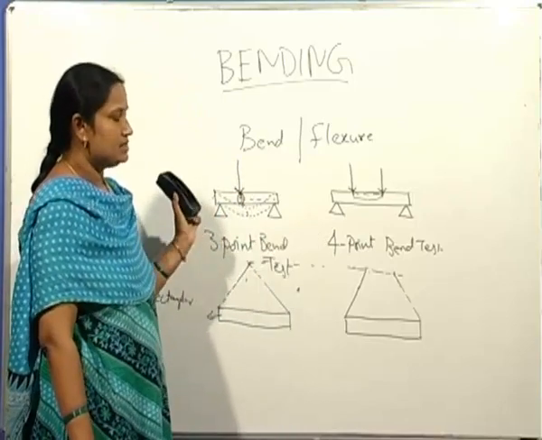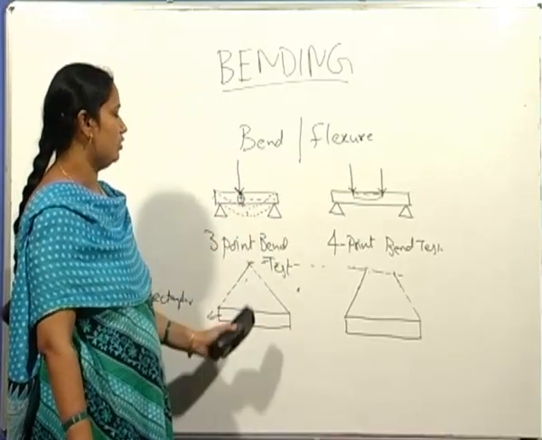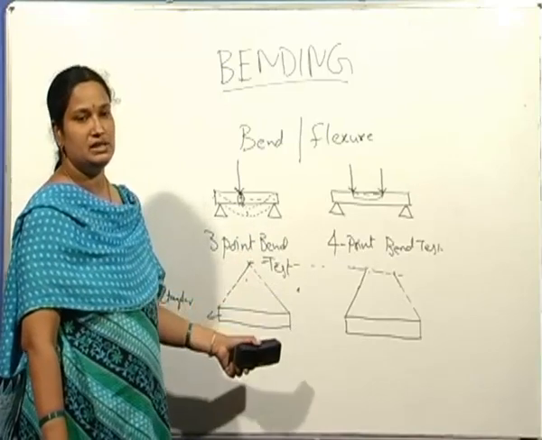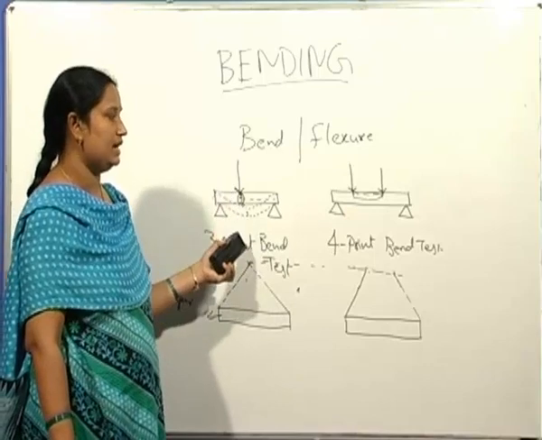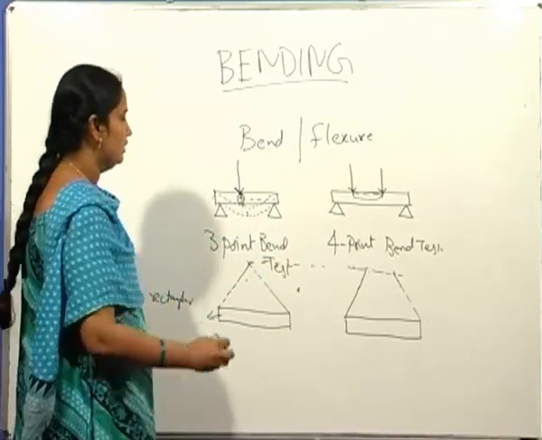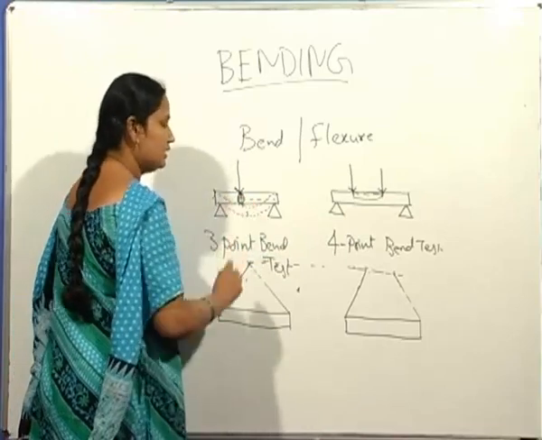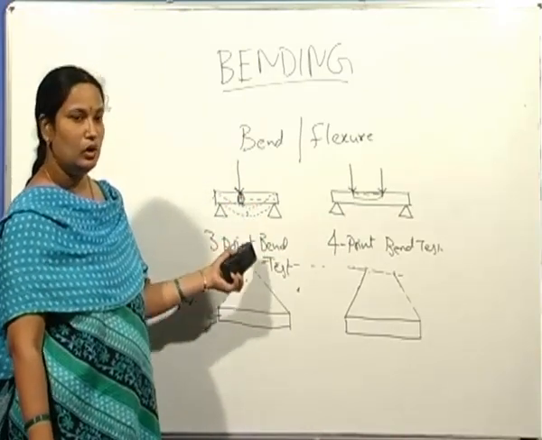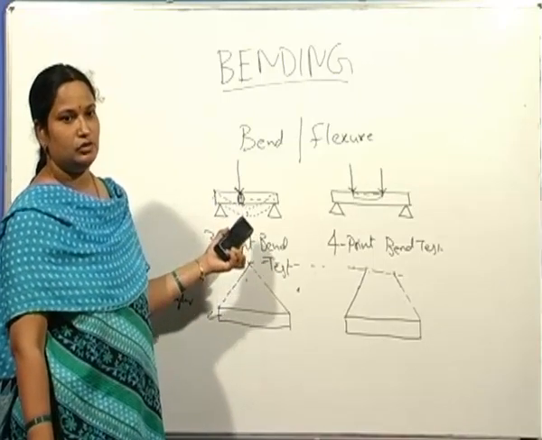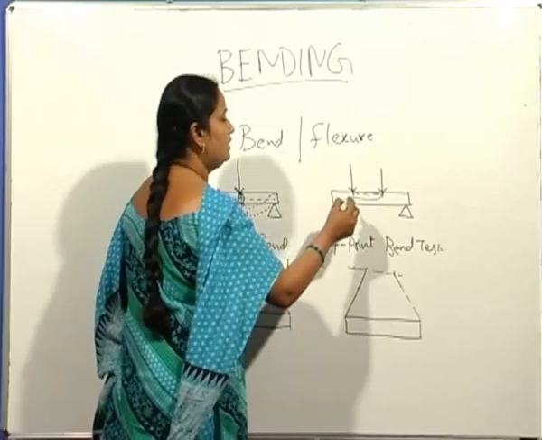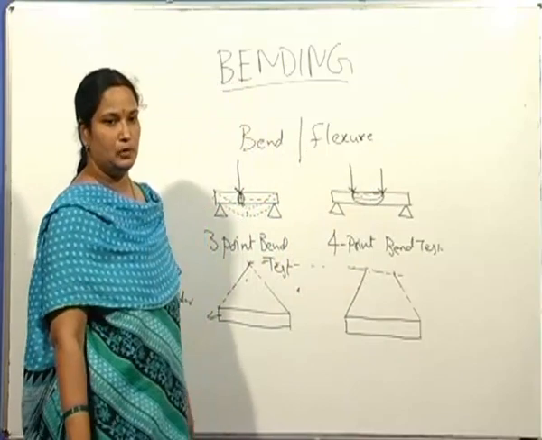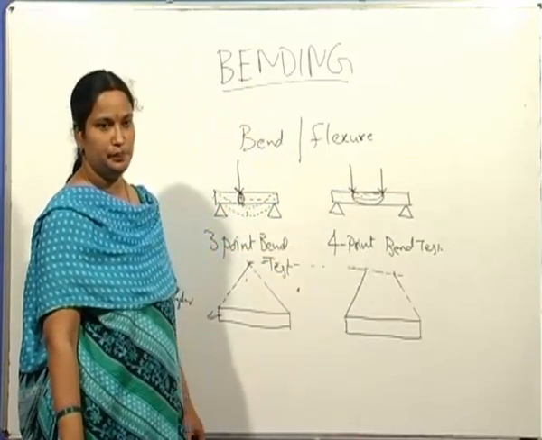As well, there is more scatter in the 3-point bend test. The results obtained from the 3-point bend test are subjected to more scatter when compared to the 4-point bend test, because the small volume underneath the single point loading is more sensitive to defects compared to the weakest portion present in the large volume.